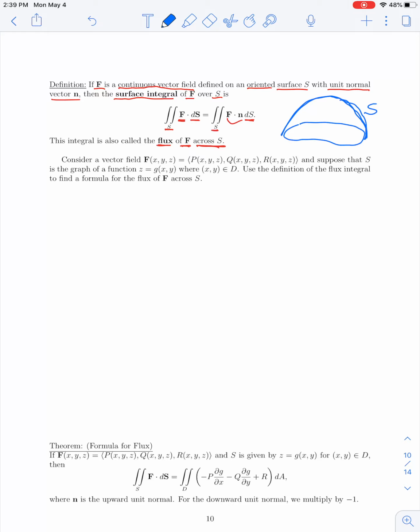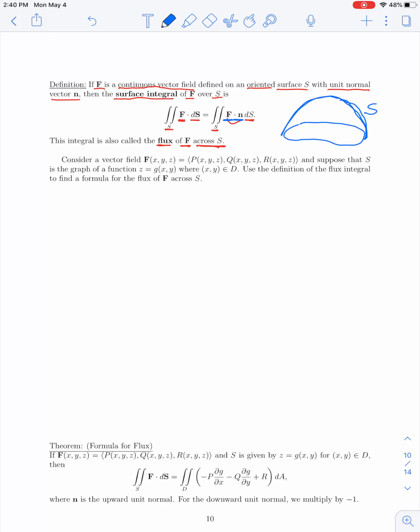So what we're doing when we're calculating a flux integral of a vector field is we're adding up the values of the vectors F acting in the direction of the normal vector n, and then integrating over the surface. That is, we're adding up the values of our vector field acting in the direction of our normal vector.